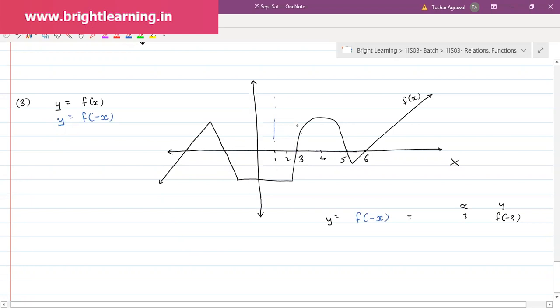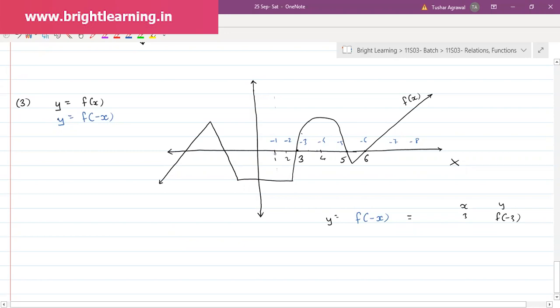So think of it in this way. Let's say image of -1, image of -2, image of -3, image of -4, image of -5, image of -6, image of -7, image of -8. I have to plot. I am plotting f of -x.